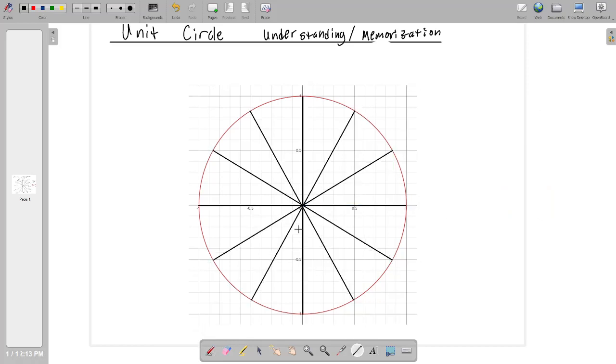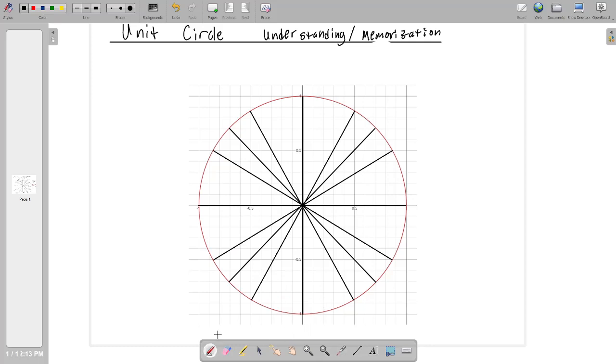Okay, we're at the end of the video, so I want to show you the last thing about this unit circle, specifically this. So this is what the unit circle looks like. Pi over 6, pi over 4, pi over 3, pi over 2. And we keep going around as I showed you before.